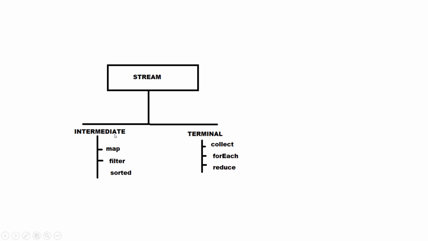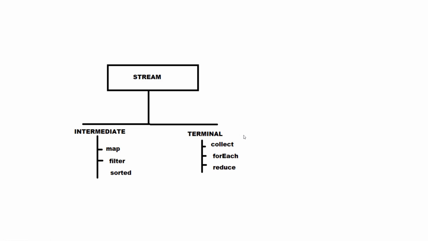The functions present in intermediate are map, filter, sorted, and for terminal we have collect, forEach, and reduce. When I say intermediate, that means the output of this function will again be a stream, and on top of that we have to do some terminal operation to get the output.